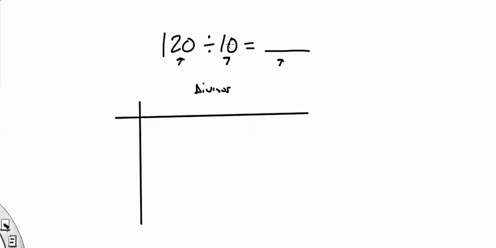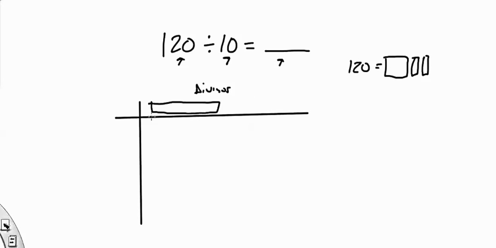So our base 10 blocks, we could draw 10 ones, but since we're using base 10 blocks, we can just draw 1 base 10. Now over here, we're going to write what 120 looks like in base 10 blocks. So we're going to use 100 and 2 10s.